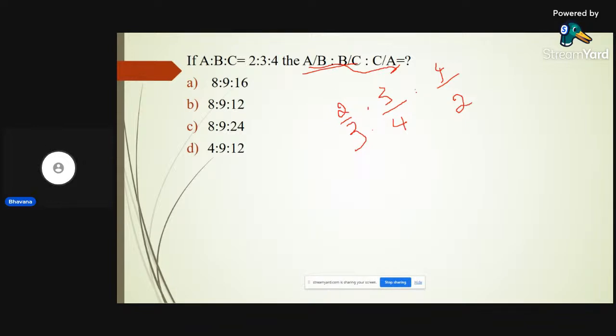How do we do it here? In this ratio we can write it in a single way, right? 2 twos and 2 ones. So now the ratio becomes 2 by 3 is to 3 by 4 is to 2 by 1. Now what is the answer? Just comment for this. Which option is correct here?